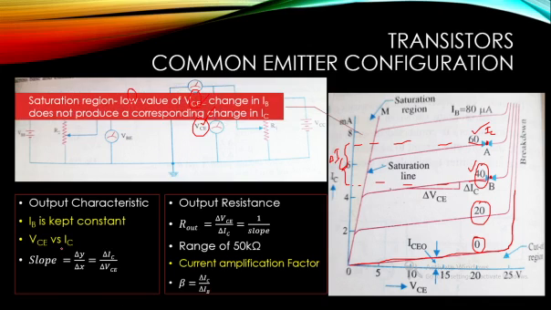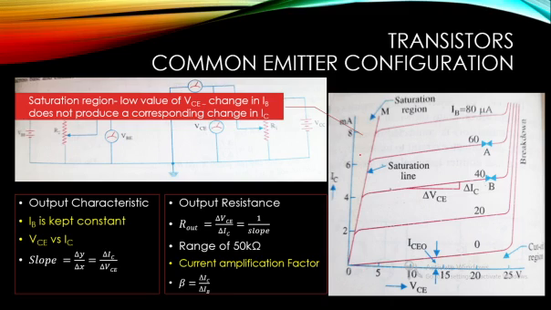The other thing we need to look at is a region called the saturation region. What does that saturation region imply? We can see that as we start giving the voltage, there is a sudden rise in current and then it comes to the saturated value. This saturation depends upon the input current being given. This region is called the saturation region, which happens for very low values of output voltage VCE.